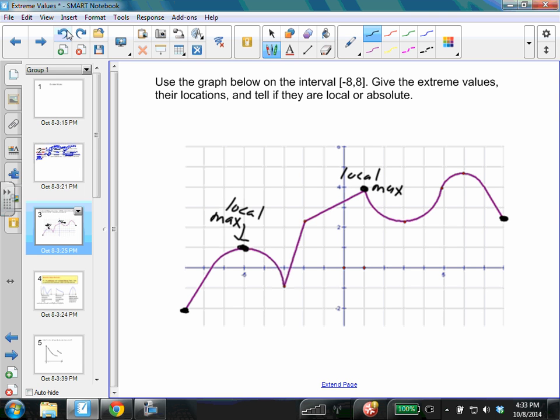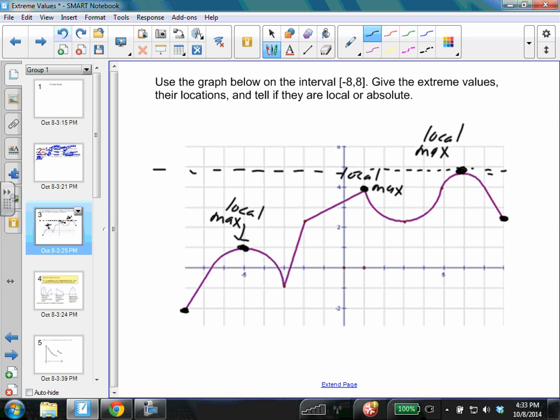Now, when I get to this spot over here, yes, this is obviously a local max, right? But if you notice, when we talk about the Y value, and I just want to emphasize again that the Y value is what makes something an extreme value, that Y value right there is the highest point anywhere on the graph, right?